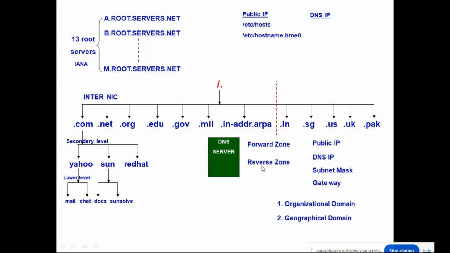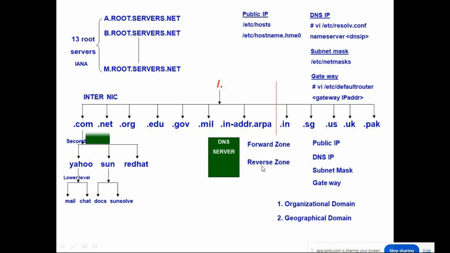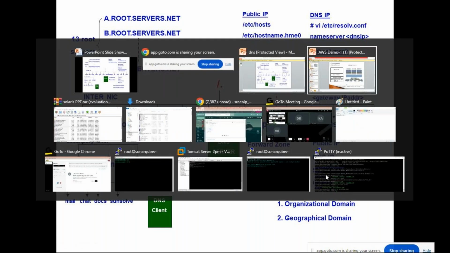Now I have a laptop. I install Windows or Linux, whatever it may be. Let us say, for example, it's Linux. I configure Linux for the internet with all this information. How do we configure the public IP, DNS IP, subnet and gateway in Linux? Only one command. You don't need to worry about which files to create or update.